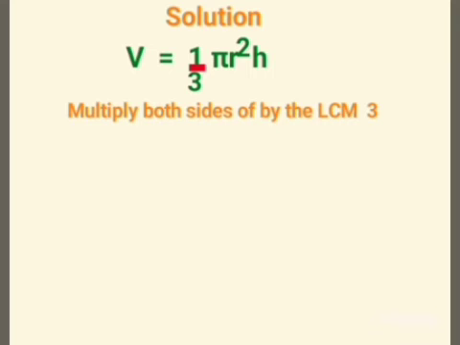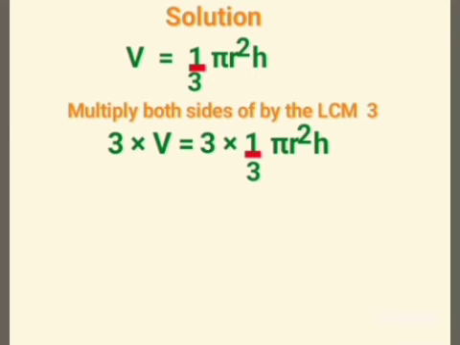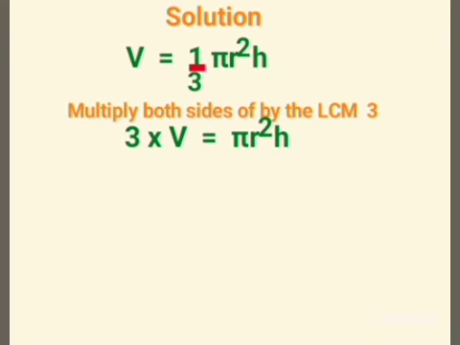Now multiplying both sides of the formula by 3, we have that 3 times V equals 3 times 1 over 3 pi r square h. 3 cancels out 3. 3 times V gives 3V. Hence, we write that 3V equals pi r square h.